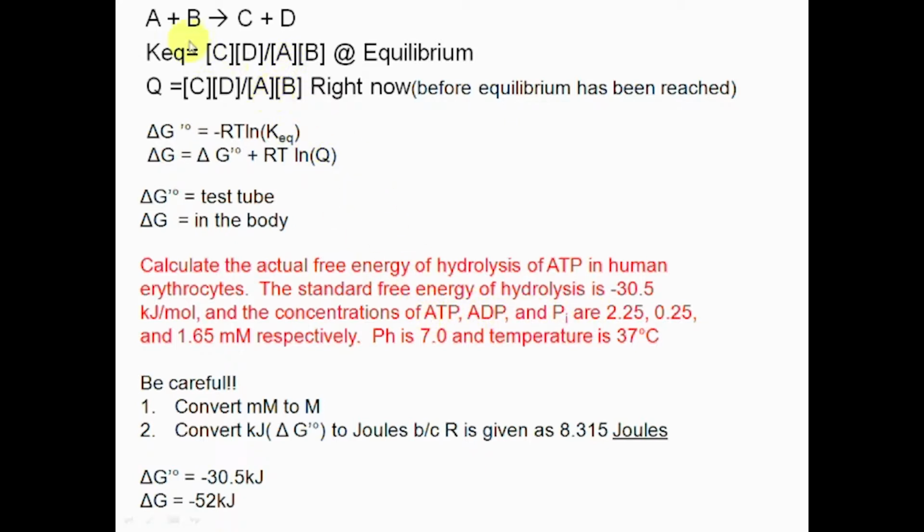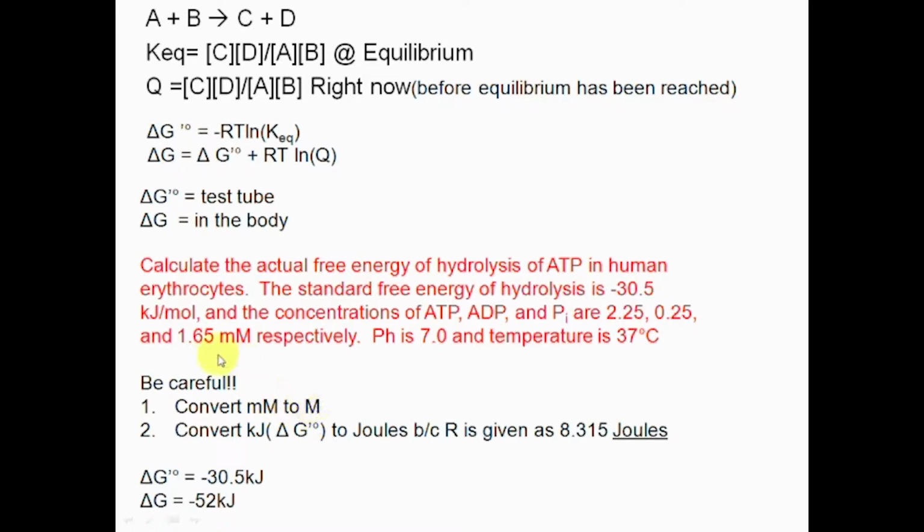So ATP yields ADP plus Pi. For Q, we would take ADP times Pi divided by the concentration of ATP. But you have to be careful. You always have to note the units. In the problem, we're given the units as millimolar, so we'd have to convert that to molar.